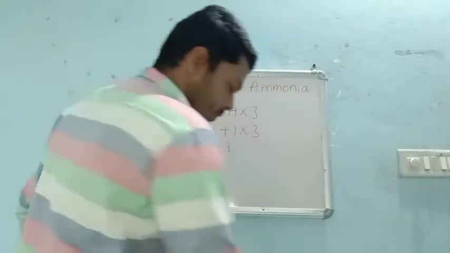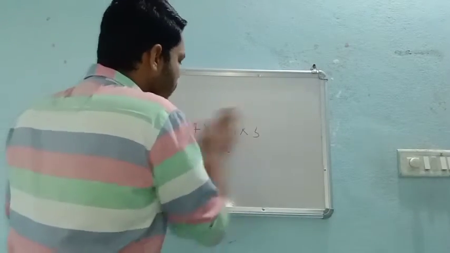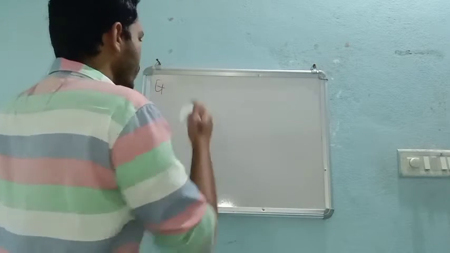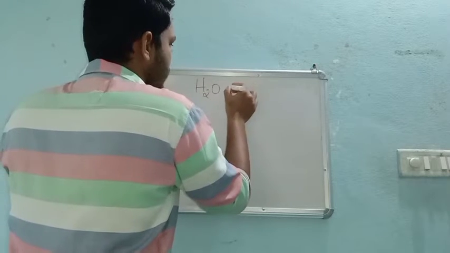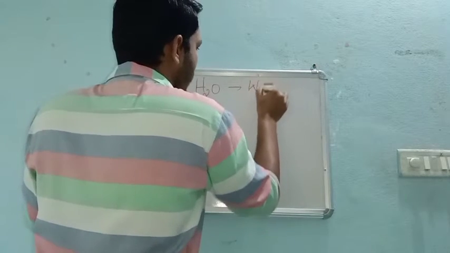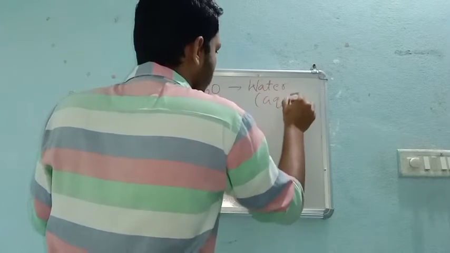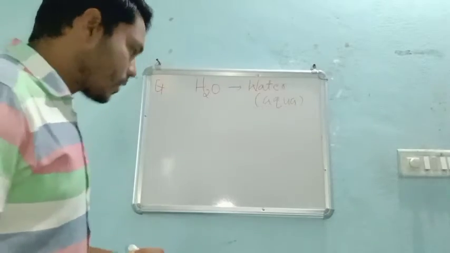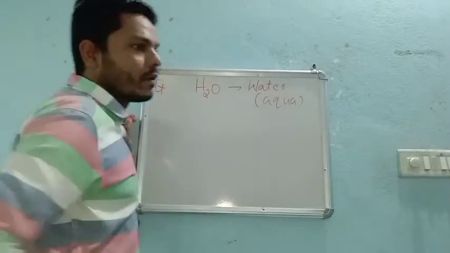So now see what happens in the case of the water molecule, right? What is the molecular mass of the water molecule? H2O. We generally call it water, but chemically we call this aqua, right? Aqua. So now again, how many hydrogens are there?